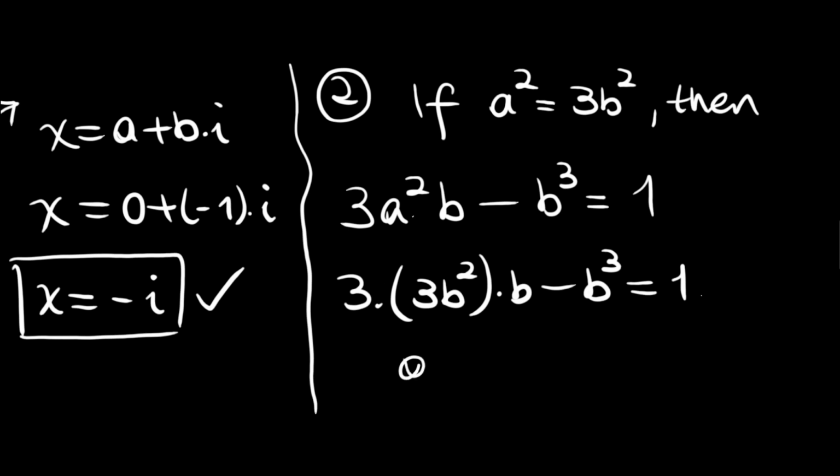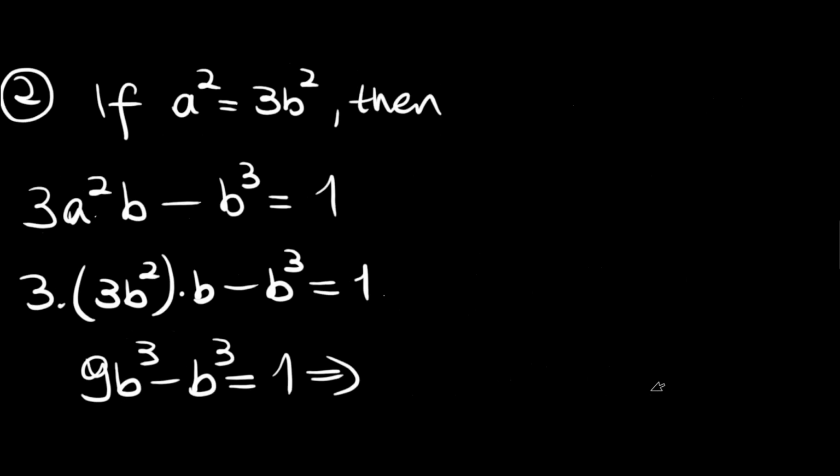Then we have 9b cubed minus b cubed is equal to 1. And we have 8b cubed is equal to 1.